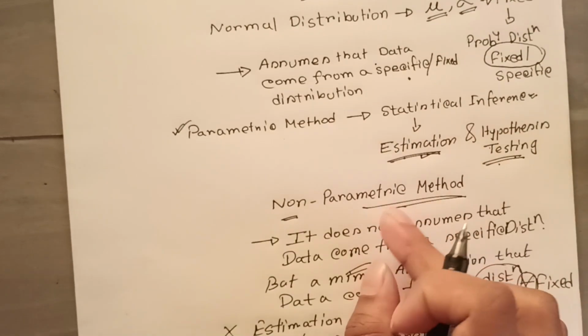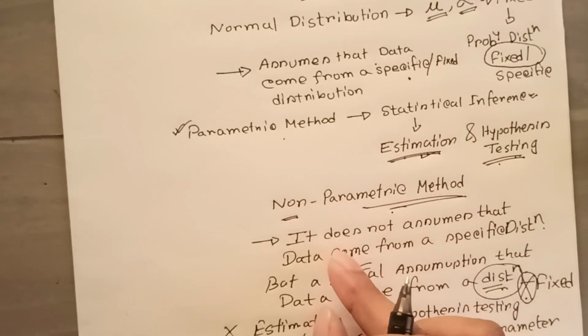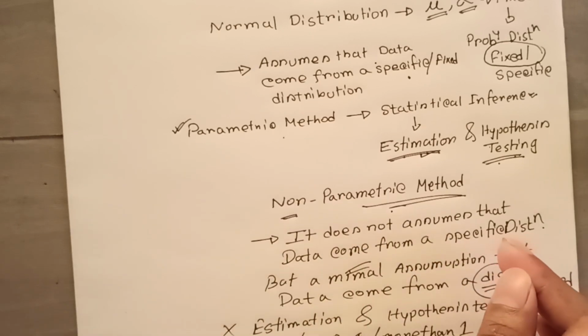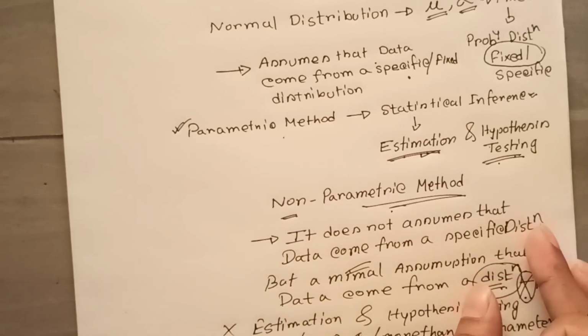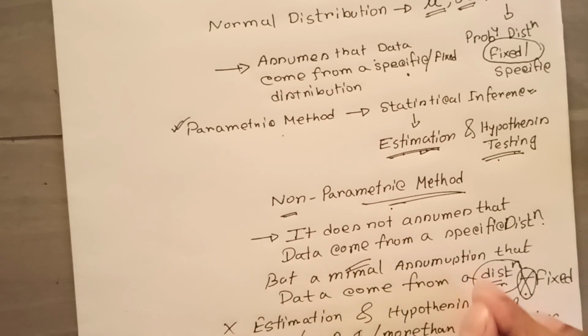In the non-parametric method, it does not assume that data come from a specific distribution, but it has a minimal assumption that data come from a distribution, and the distribution is not fixed. That is the key point to remember.